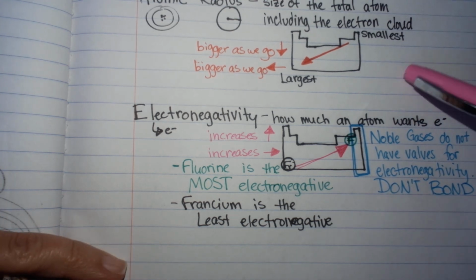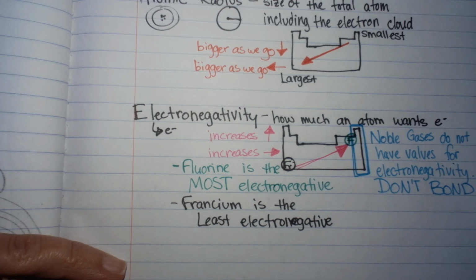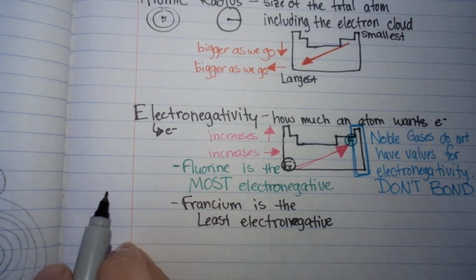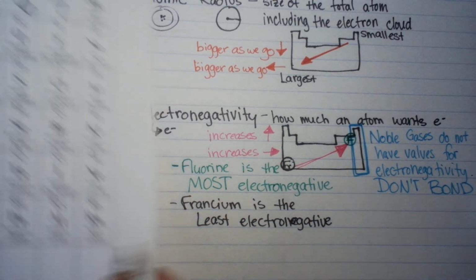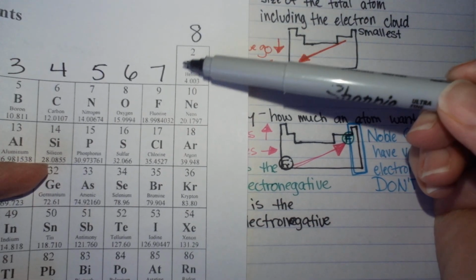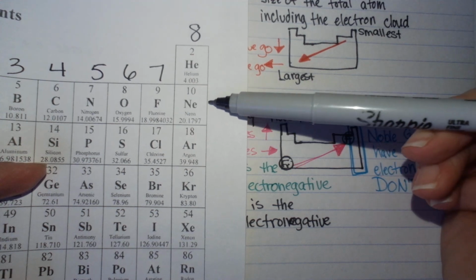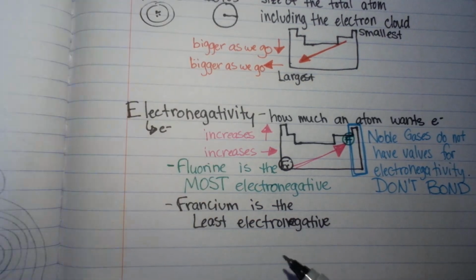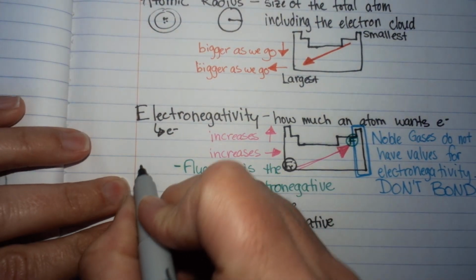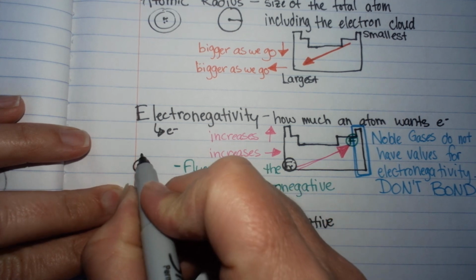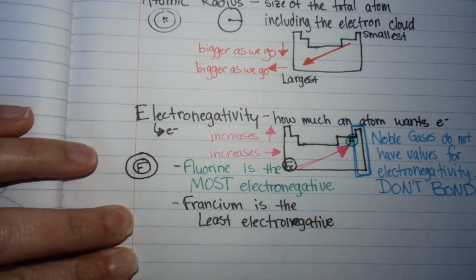But let's kind of combine these two, and let's think about how these trends work together. If we look at fluorine, and we bring back our periodic table, what period is fluorine in? 1, 2. Fluorine is in the second period. So if we're using a Bohr model or the planetary model to think about these atoms, we would have something like this. Fluorine has the first inner circle, and it has the second.